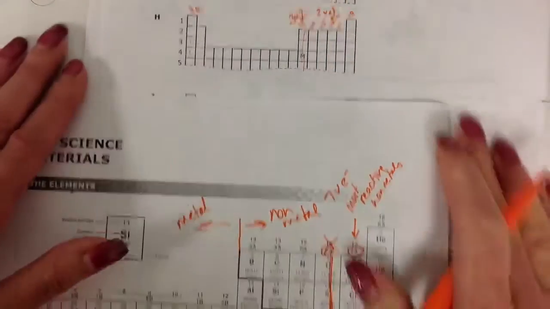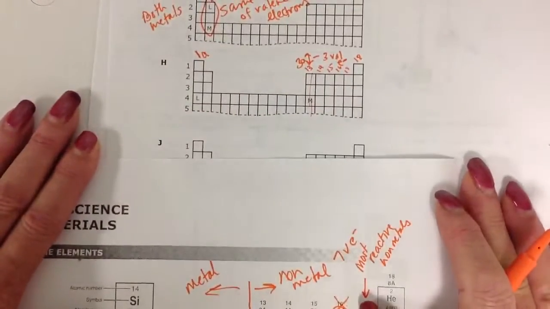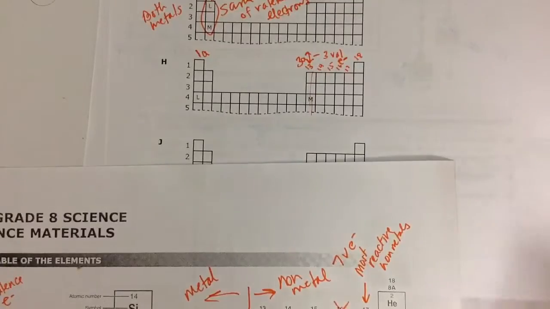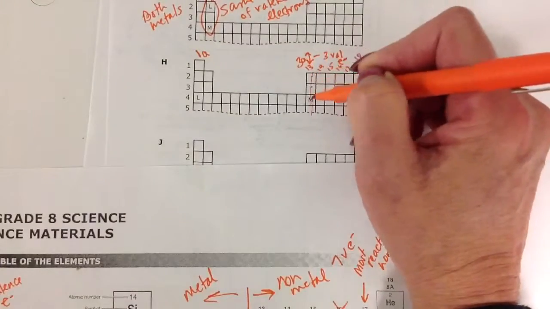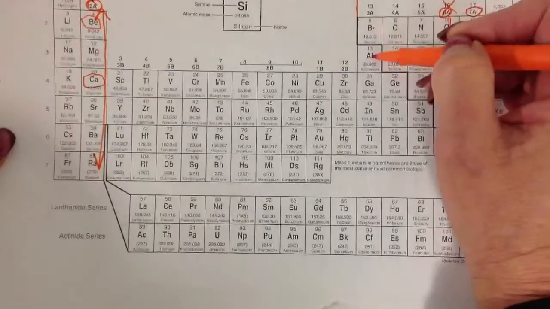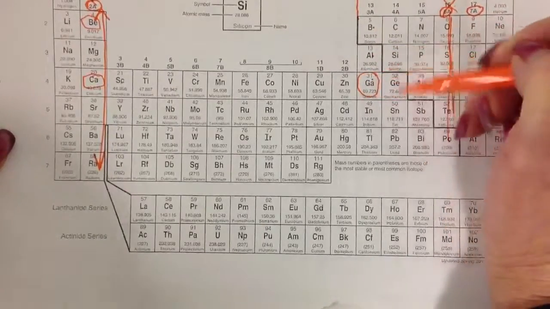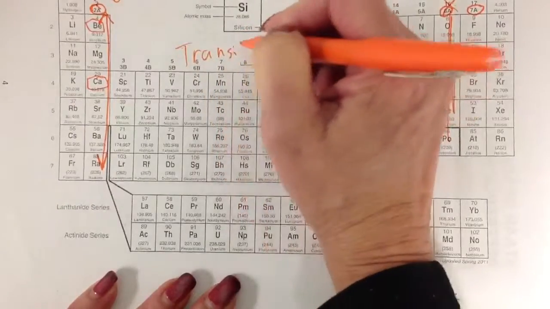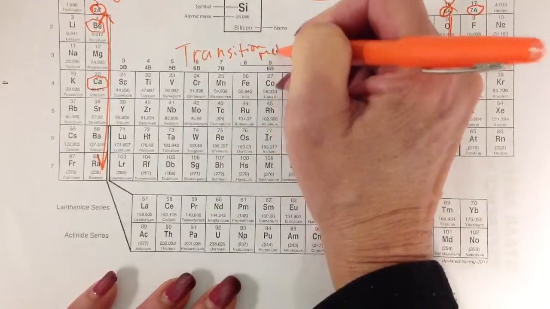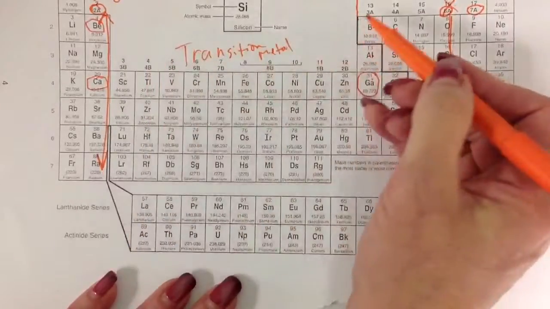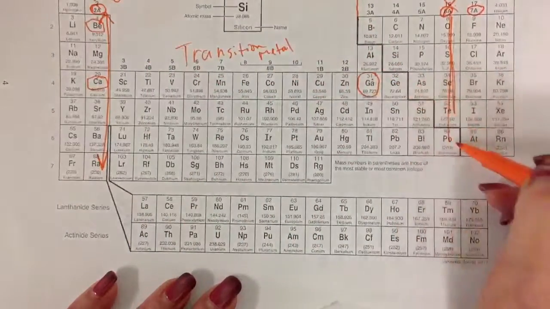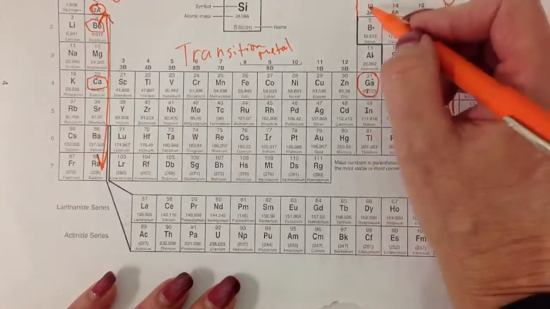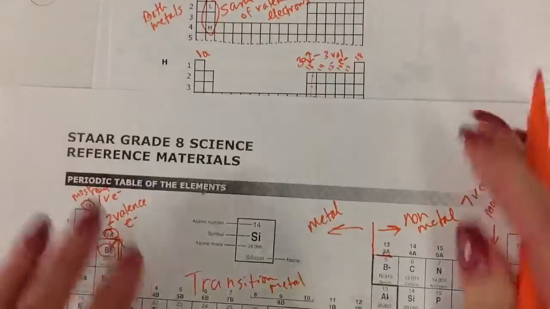Alright, so let's look and see if it qualifies as a metal. We're in 13. It's 1, 2, the third one down, 1, 2, 3, gallium. Yes, gallium is a metal. It's a transition metal, but it's a metal, guys. So remember, anything to this side of the stair step and not touching the stair step, except for aluminum, is a metal. So this one is a metal, and it has 3 valence electrons.